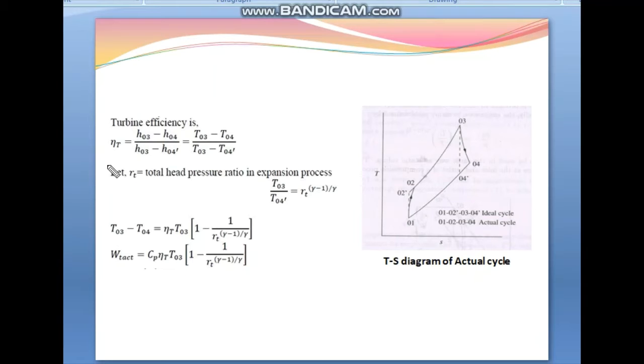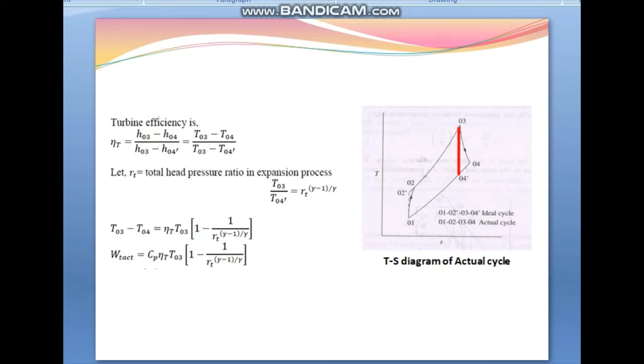The actual turbine work output is defined by this 3 to 4, and the isentropic turbine work output is defined by this red straight line, the constant entropy line. In this case, the isentropic work output is higher than the actual turbine work output, so the isentropic turbine work output is in the denominator.